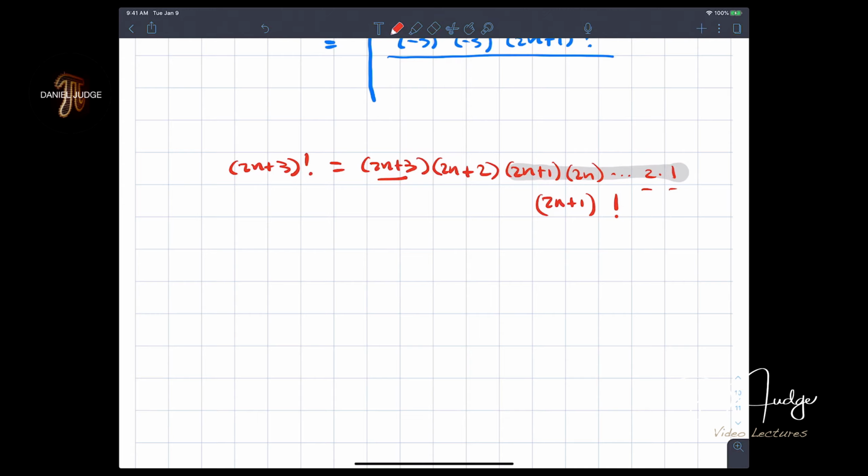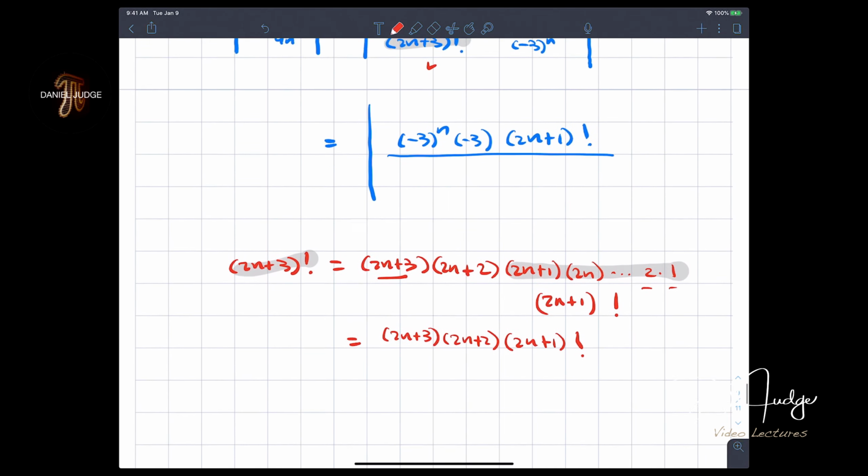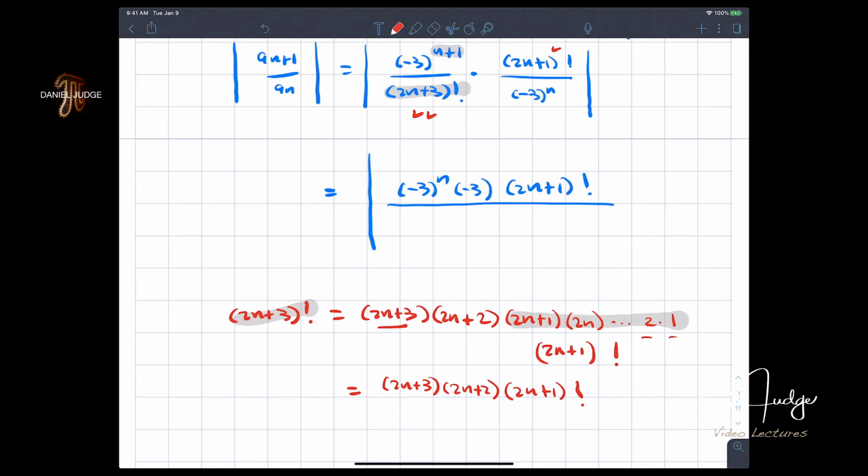So I'm going to describe (2n plus 3) factorial as (2n plus 3) times (2n plus 2) times (2n plus 1) factorial. That's going to replace this right here.